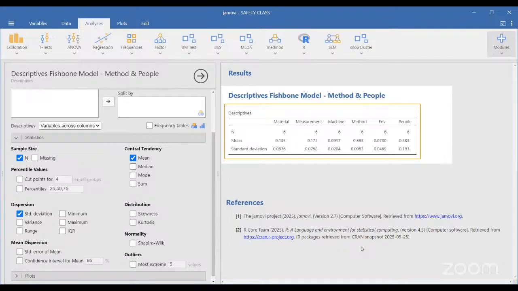Okay, so now you get this result, and based upon the result, what will be the intervention procedure? What will be the training procedure? Because the method portion is affected, and the people.